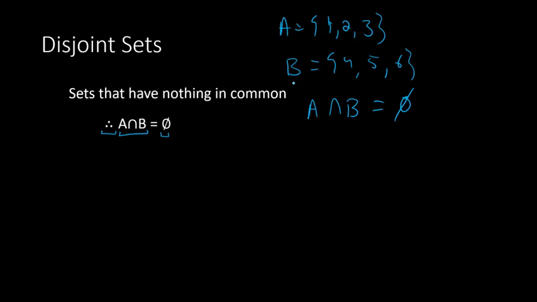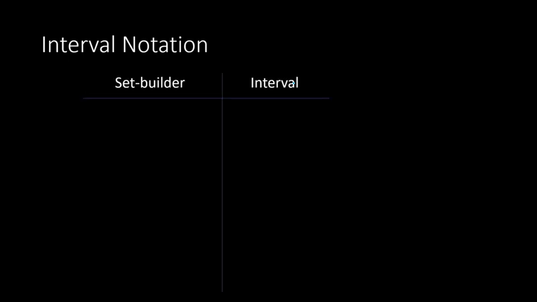Now, still on the topic of sets, we have what we call interval notation, and we have set builder notation. So set builder notation is what we've been dealing with on the last few slides, where we have something like this. We have x such that -2 is less than x, which is less than 5. So if you look here at this part, we've dealt with this in the past in our study of algebra, where we know that x is between -2 and 5.